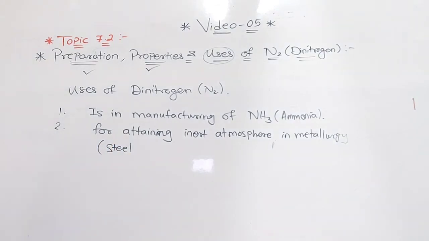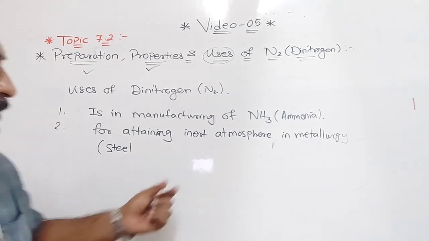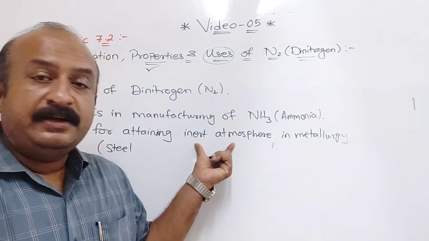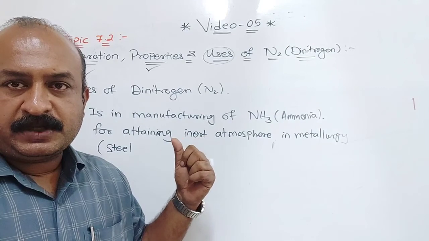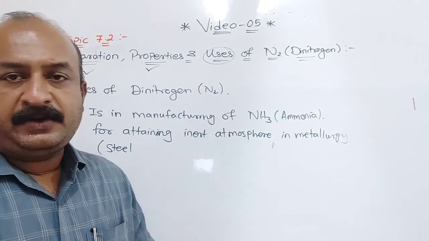There are various things given in the textbook. You can see steel industry, inert diluent for reactive chemicals. So these are used to acquire an inert atmosphere, because nitrogen does not react with most chemicals. So where an inert atmosphere is required, nitrogen is used.